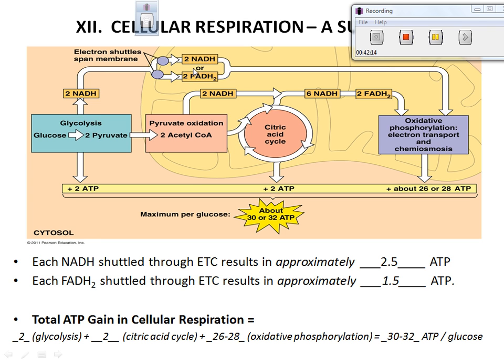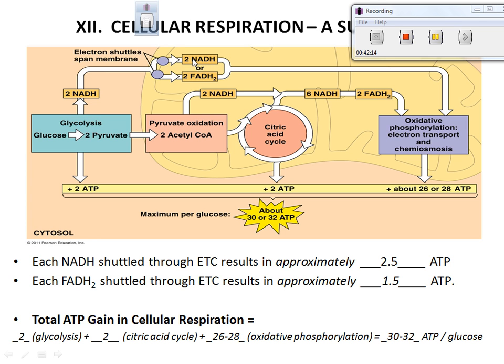So depending on which one of these two carries the electrons over to the ETC after glycolysis, that's going to give us a different number down here as an end result. So there is some debate. So what we're going to go with for my class is we're going to say that each NADH supplies 2.5 ATP, each FADH2 supplies 1.5. So if you go along and add them up, let's just say we start with this 2 NADH is really this one.